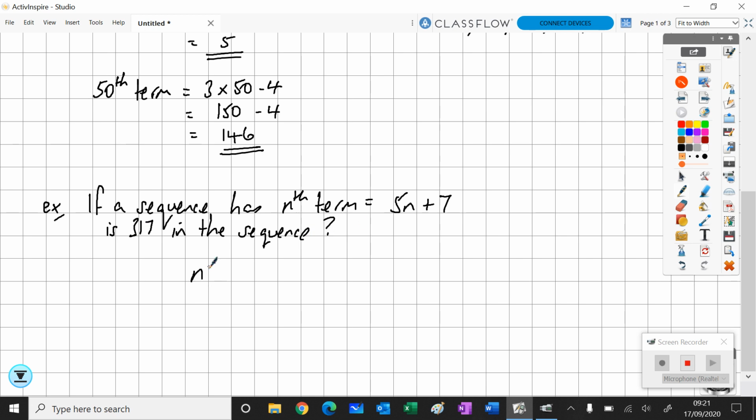Let's just start with what we know about the sequence. The nth term equals 5n plus 7.